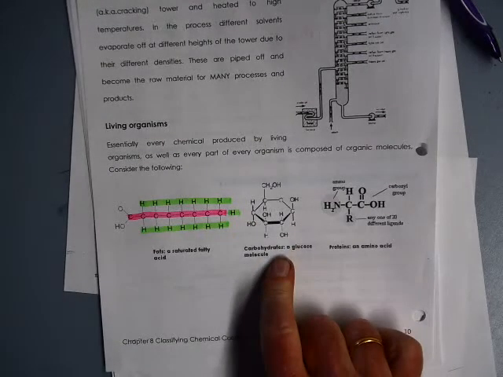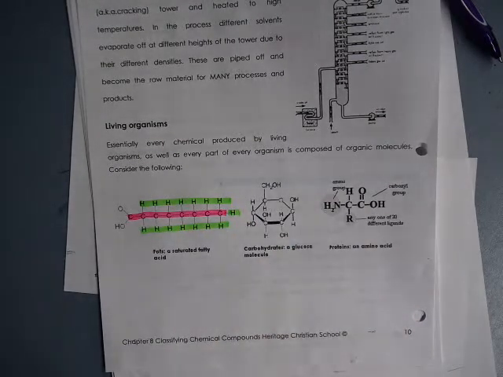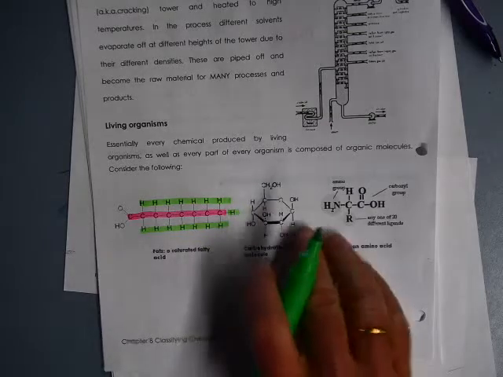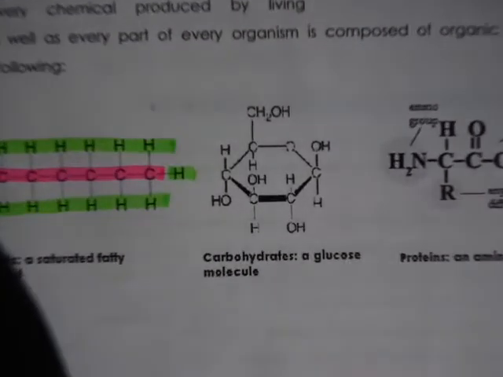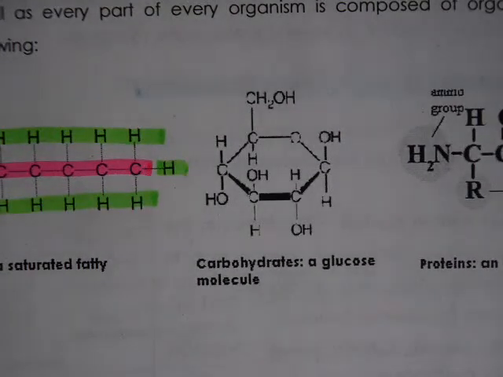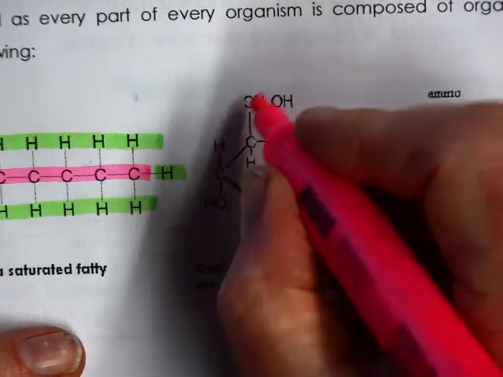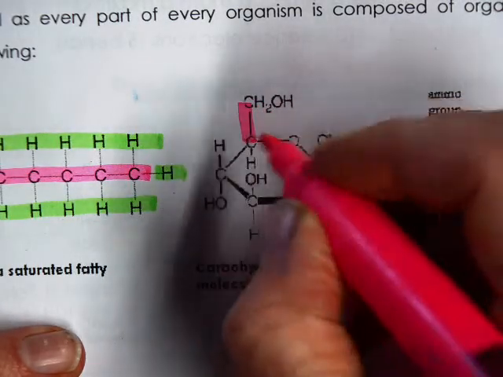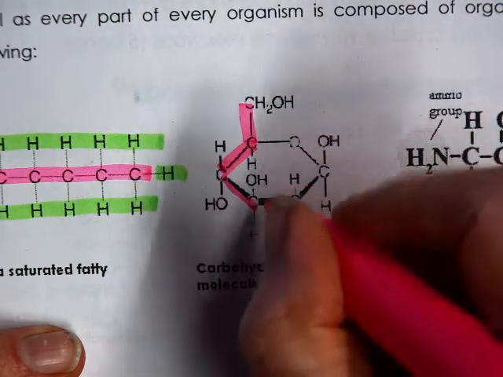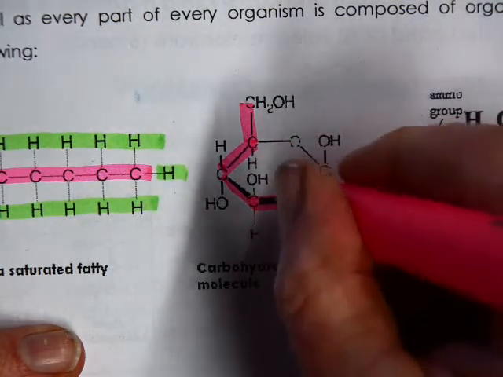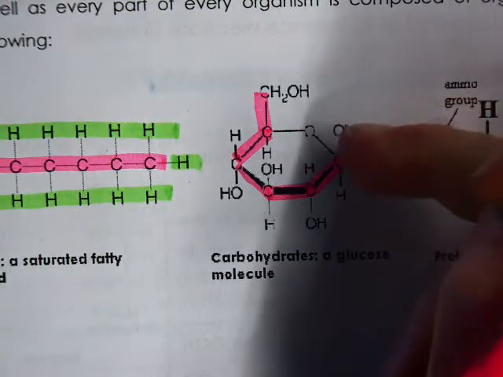This is a glucose molecule, which is the smallest form of a carbohydrate you can have. This is the type of sugar that's floating around your bloodstream right this minute. Okay? Now if you look at it closely, you'll see that there is a carbon chain that is linked into pretty much a ring, except this oxygen here.